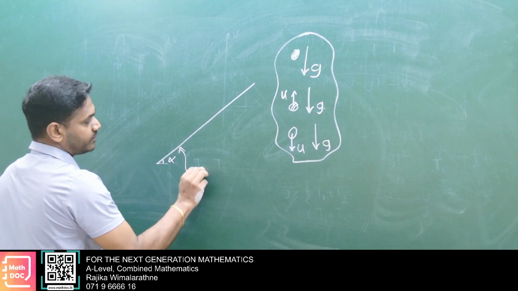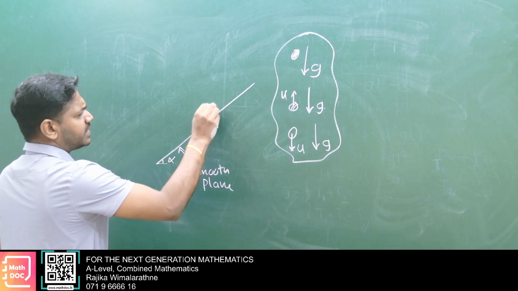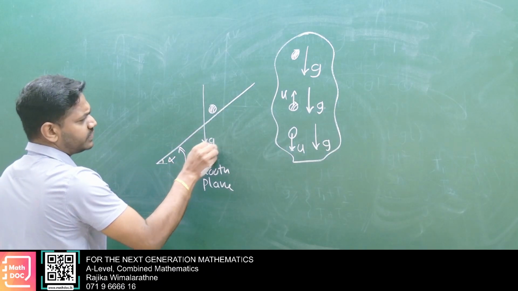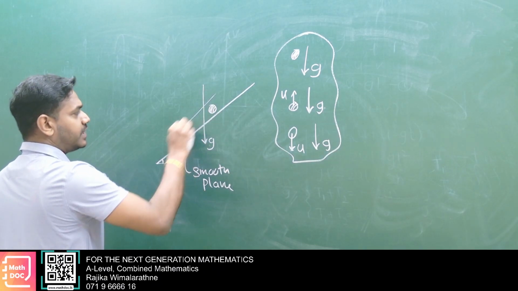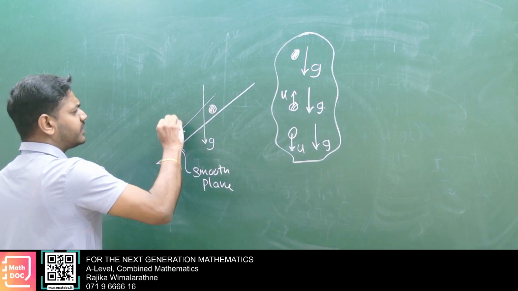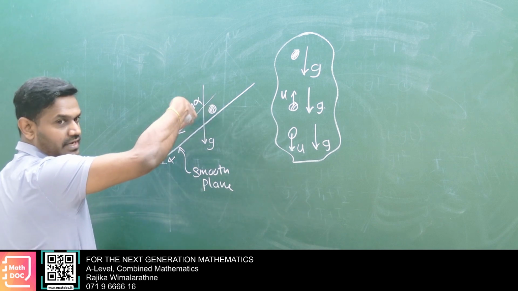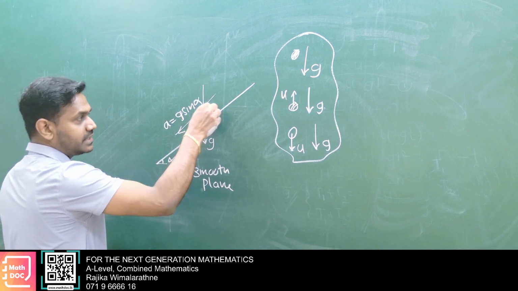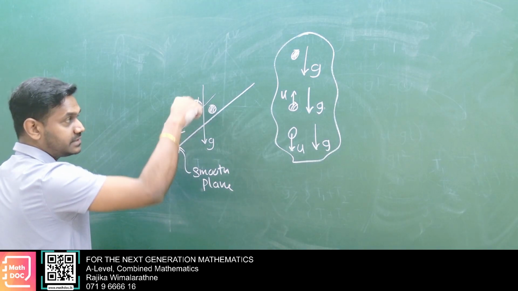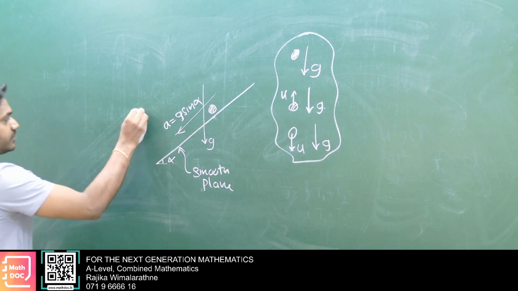When I release a particle, its gravitational acceleration is downward g, and along this surface it has acceleration g sine alpha. So a equals g sine alpha. On a smooth plane, whether you release or project upward or downward, the acceleration is g sine alpha.